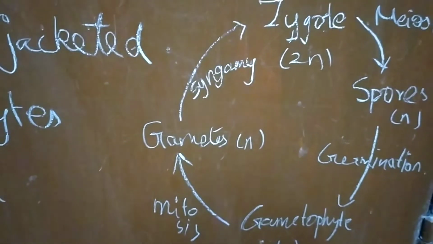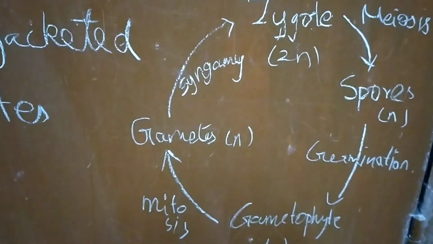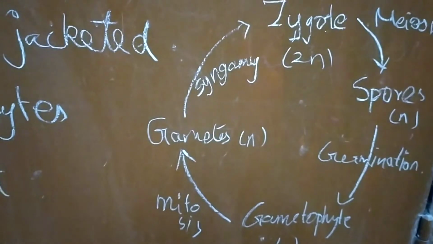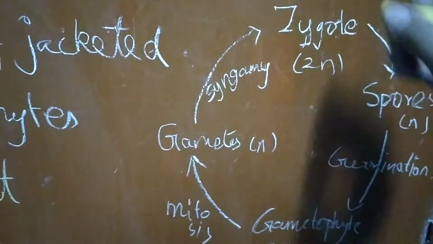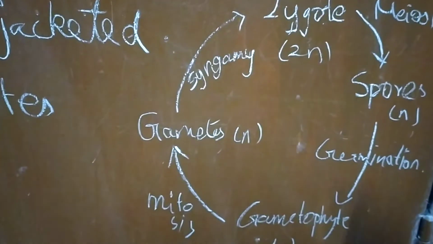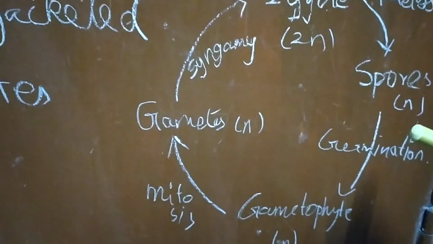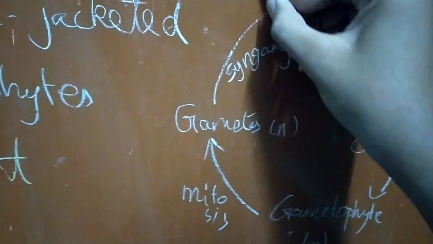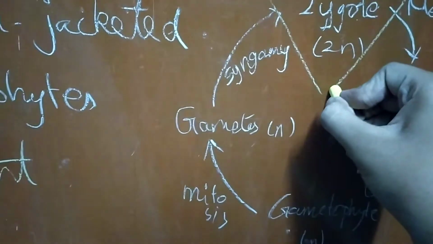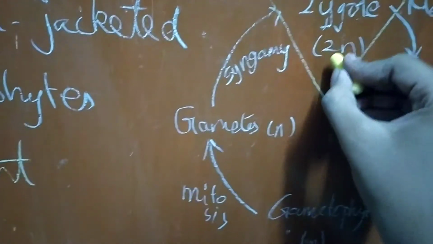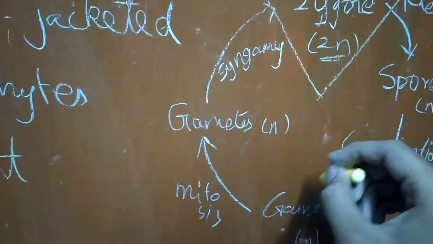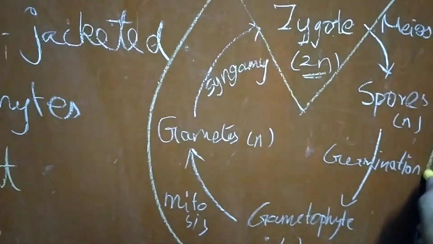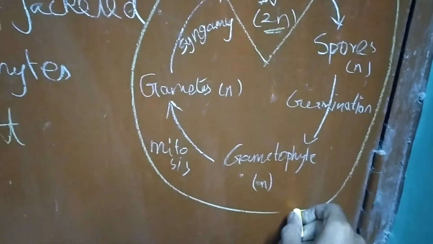So let's see whether it's haplontic or diplontic. Let's see the portion of the circle where diplontic is. So you'll come to the conclusion that this alone is diplontic, right? Only here there's 2n, and the rest of these portions are all haplontic, right?